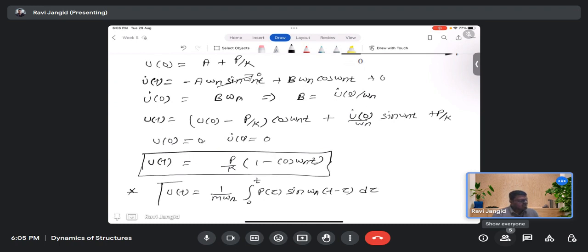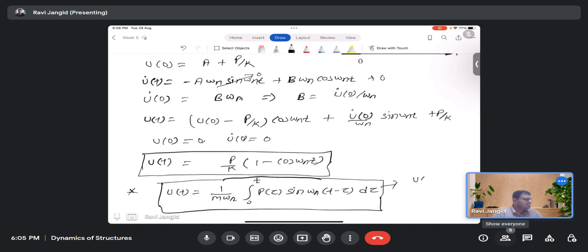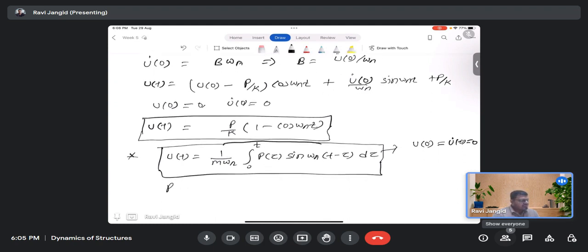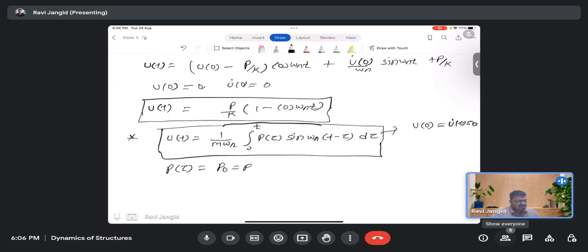This expression already covers the case of u0 and u dot 0 equal to 0. If I put p(tau) is equal to p naught, or whatever force we have, then I write 1 over m omega n integral from 0 to t of p sine omega n (t minus tau) d tau.